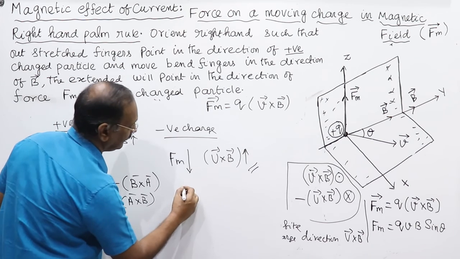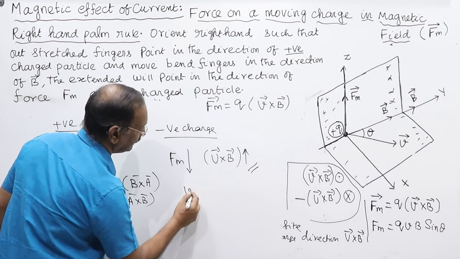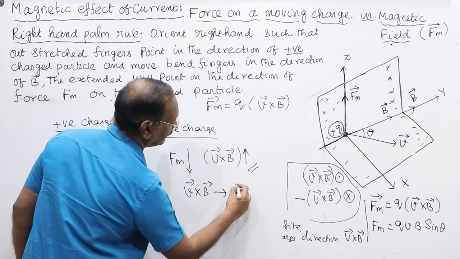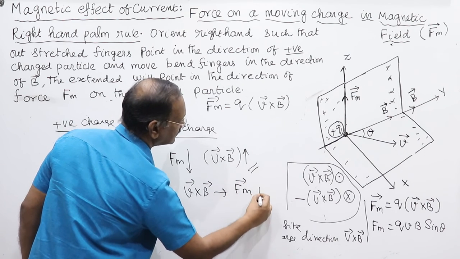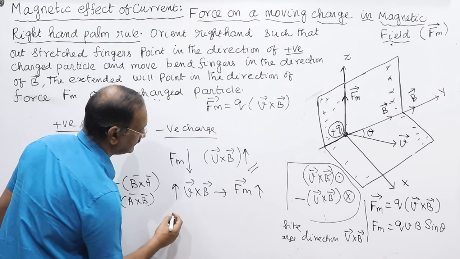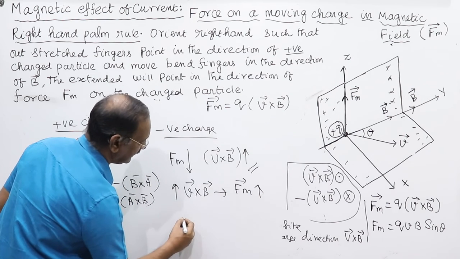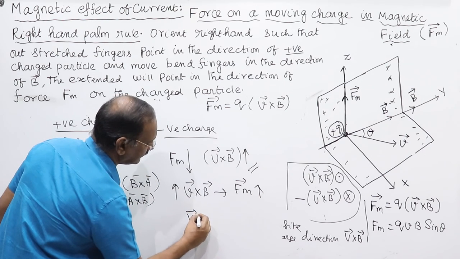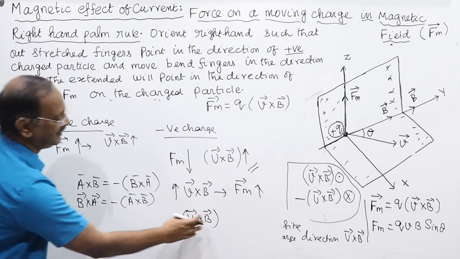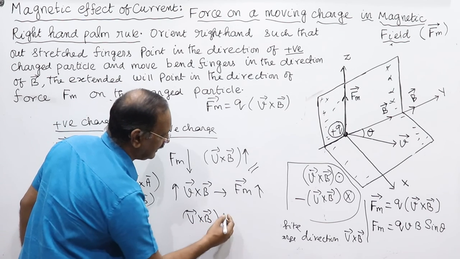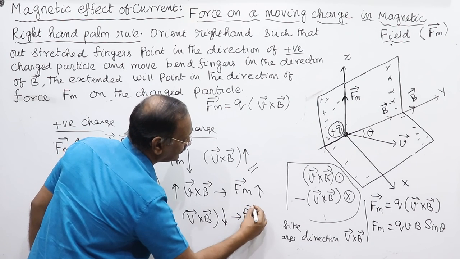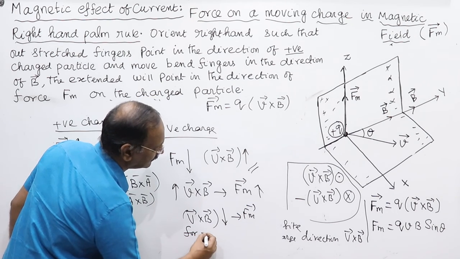Same way, the direction of V cross B for magnetic force is the same for a positive charge. For negative charge, take V cross B first. You need not go for B cross V. Find out V cross B and reverse it.